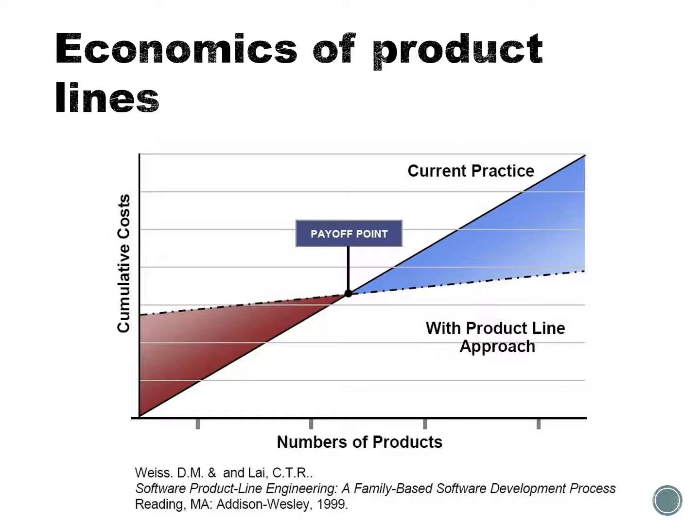So if we are doing everything with single-product development work, it's of course linear progression because you always have to pay the same amount of money if you are developing products from scratch each time. But if you are using product lines, of course, you are going to get the economy of scale or economy of reuse at some point.